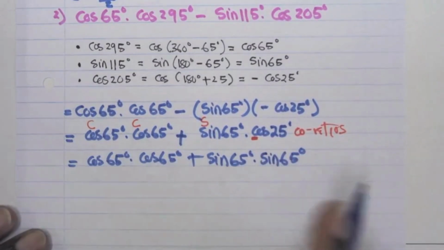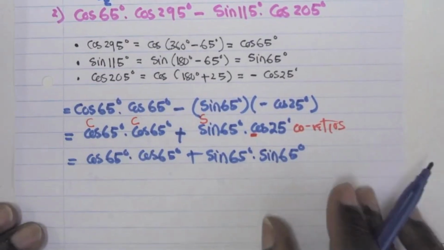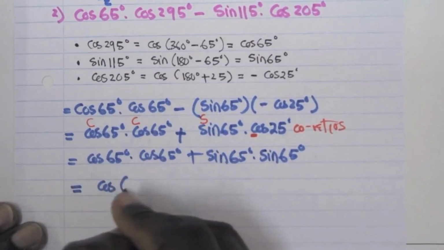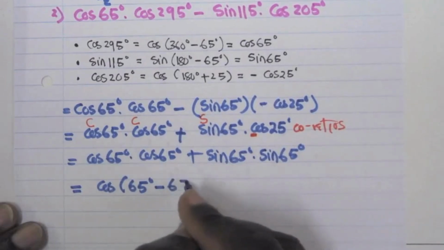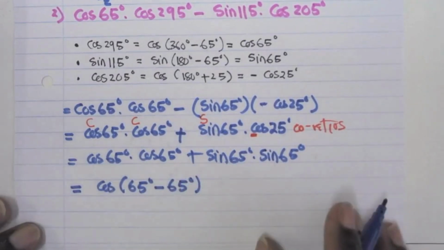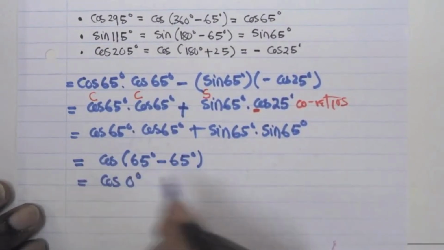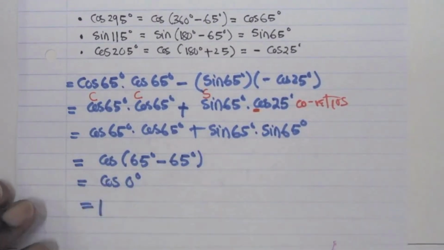If I convert cos 25 degrees using co-ratios, I can now apply my compound angles, and I'm going to get cos(65 degrees minus 65 degrees), and this is going to give me cos 0 degrees, and my final answer is going to be 1.